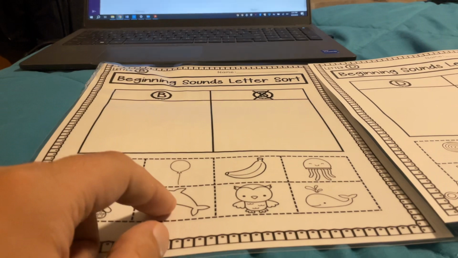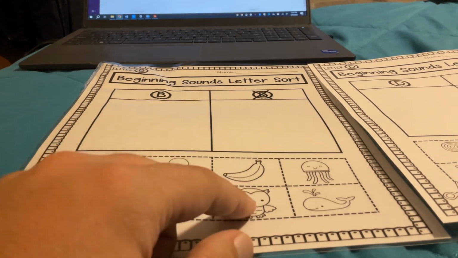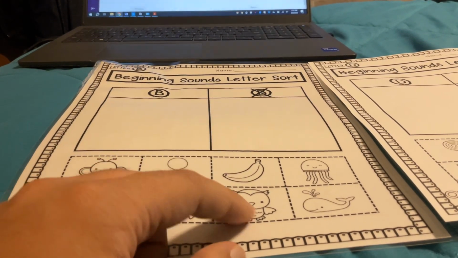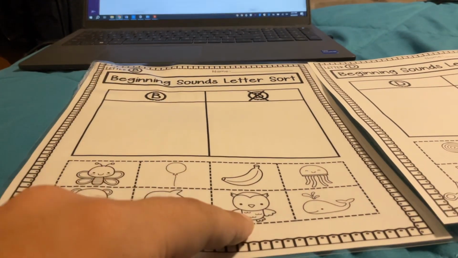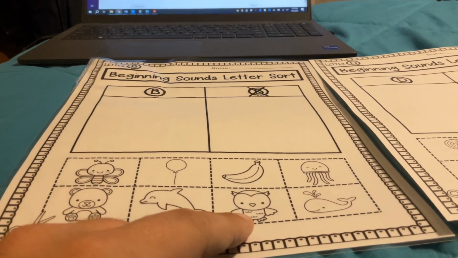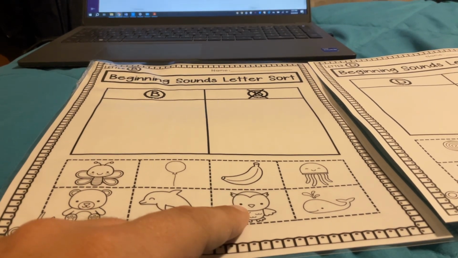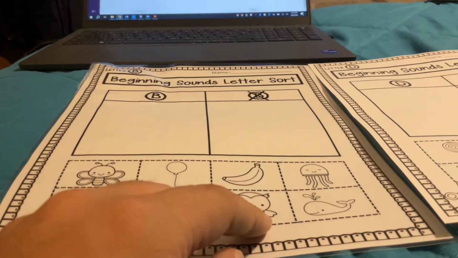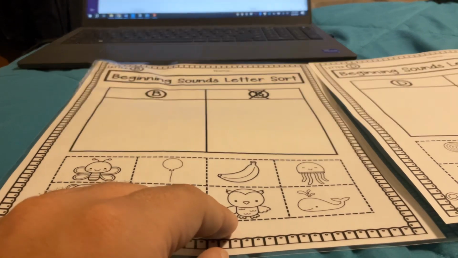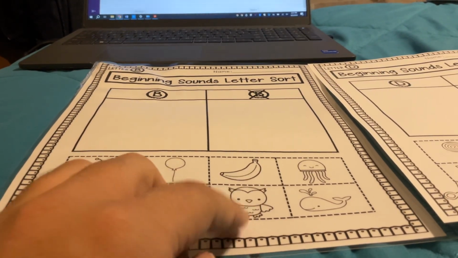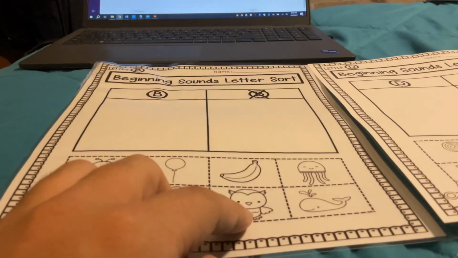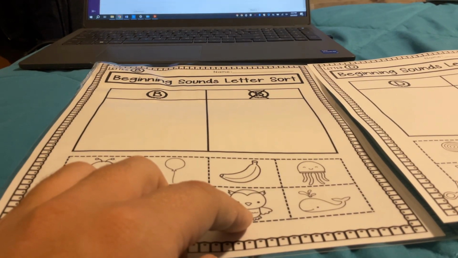So if a student puts this owl in the B column, I'm going to talk with that student and ask them, all right, do you know what this is? If they say yes, it's owl, okay, listen to the first sound you hear. Ow.